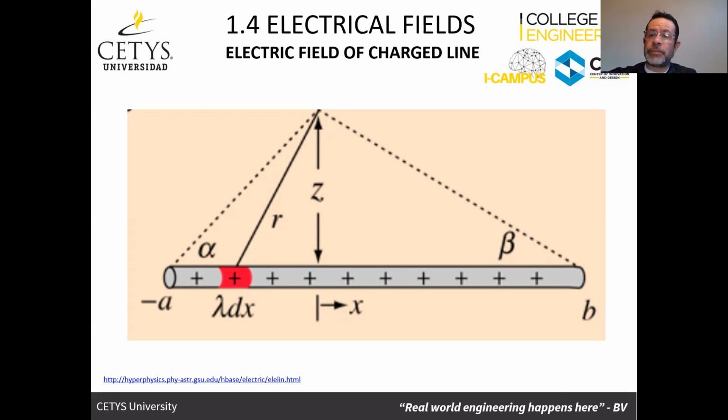Let's assume that the charge is positive. The only thing that is common with the point charge is that the line is going to emanate an electrical field. So what is true here is that this line is going to be emanating an electrical field.